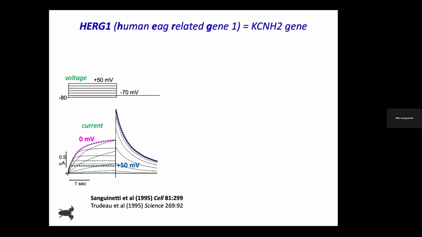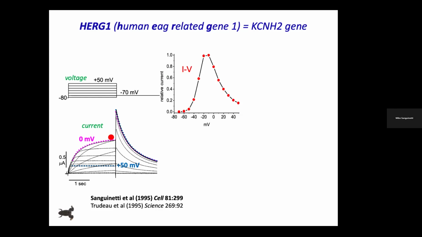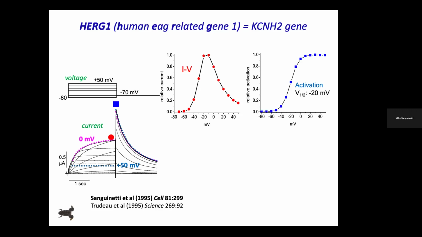If you plot the amplitude of the current at the end of the pulse, you see the current voltage relationship, and it's bell-shaped, just like IKR in myocytes, or the IK in the sinoatrial node from rabbit. And if you plot the amplitude of the tail currents as a function of these test potentials, you get the activation curve I've been talking about, again with a V1/2 that matched IKR in myocytes.